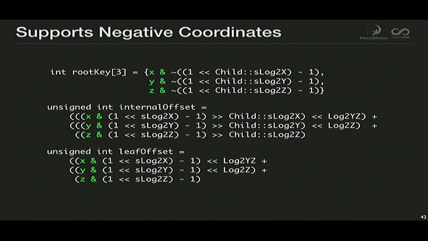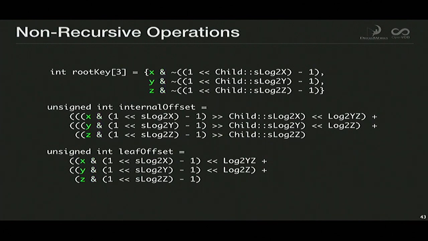And that's super interesting, because it turns out bitwise AND is the only bit operation that is robust to signed indices. So it actually means that everything here works even when you give it negative coordinates, which is kind of cool. We haven't done anything, and yet we have a data structure where you can set values at minus a million, plus 100, minus a trillion, or whatever, as long as it's within the bit precision of your indices. So you get that for free.